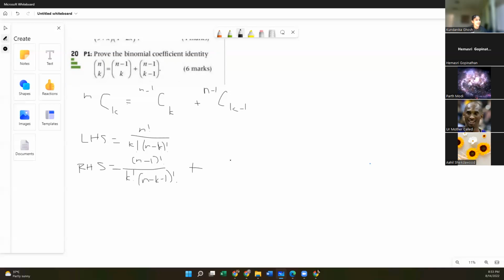And n minus 1 factorial over k minus 1 factorial times n minus 1 minus in parentheses k minus 1 factorial. The negative sign will distribute, so you have minus k plus 1. Minus 1 and plus 1 will cancel out, so you just have n minus k factorial.